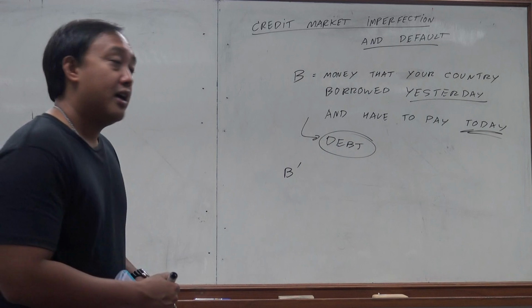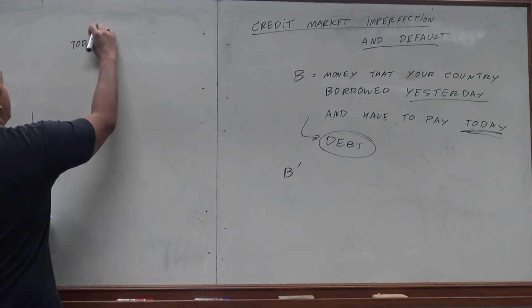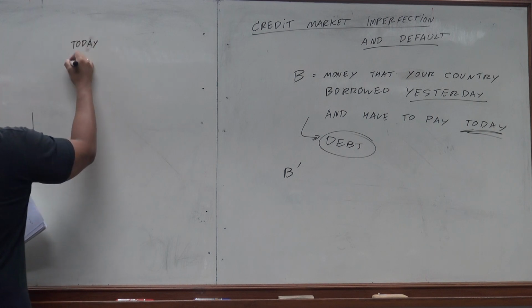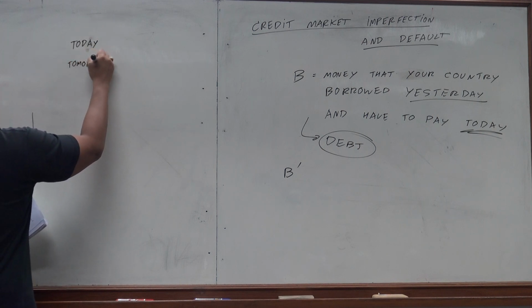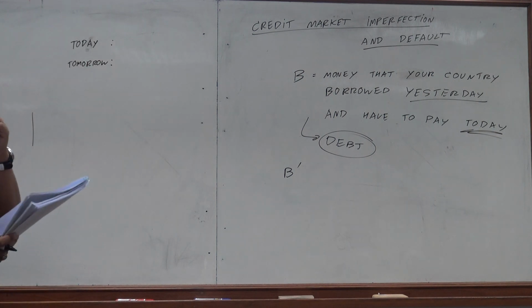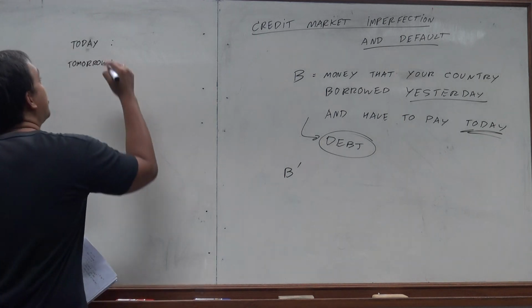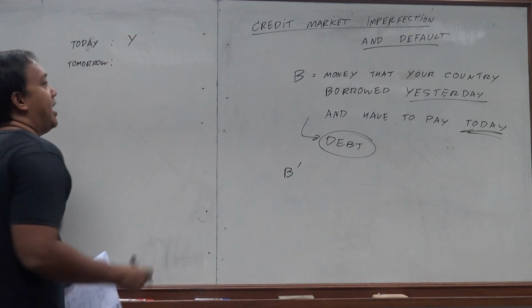So then you're going to have two equations just like before. You have the today equation and the tomorrow equation. Today equation: your country can produce something. You got GDP.